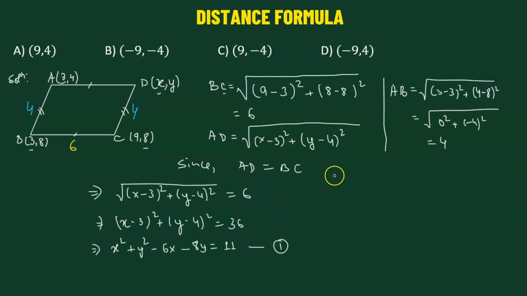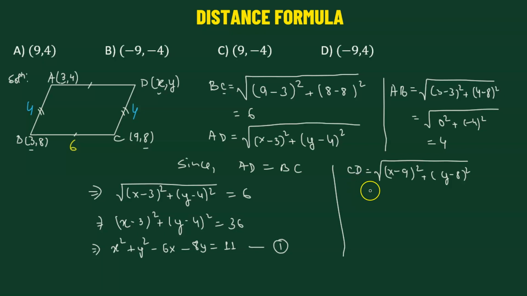So let's find the length CD now. CD will be equal to the square root of, underneath the square root, we have (x minus 9) squared, the difference of the x coordinates squared, added to the difference of the y coordinates, (y minus 8) squared.